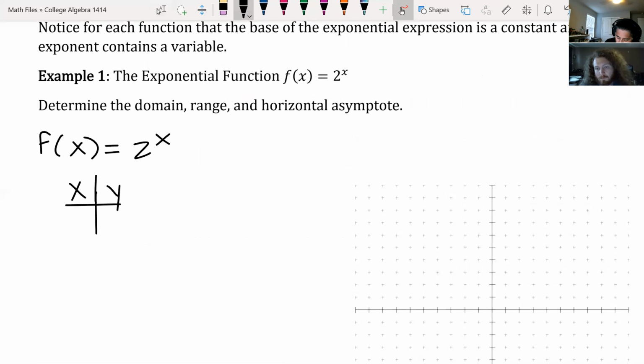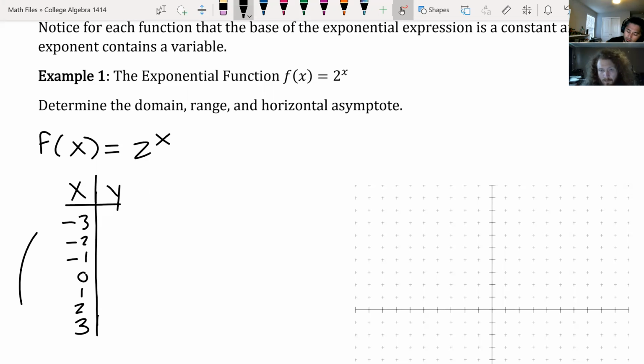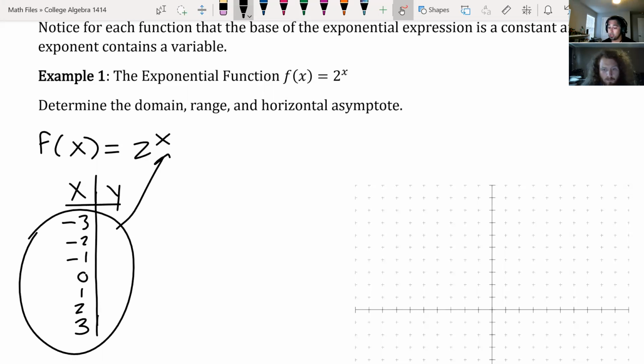And then I'm going to pick some of the most common values to pick when graphing any type of function. I'm going to go from -3 to 3. You're going to take all of these values and plug them in for x into the exponential function.